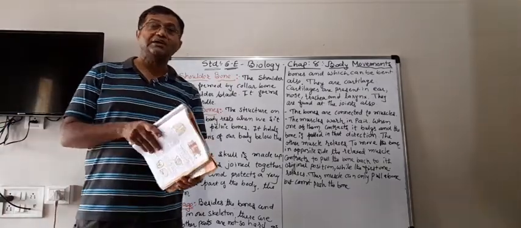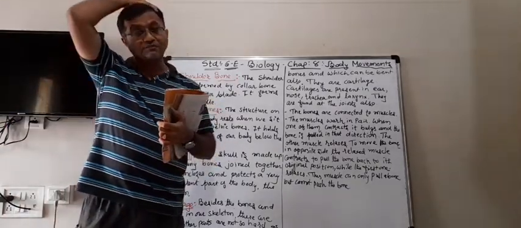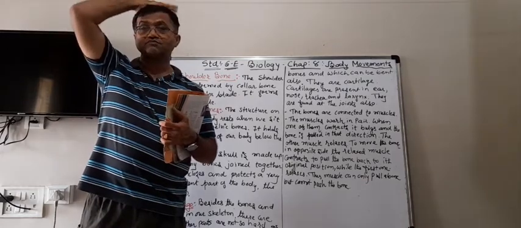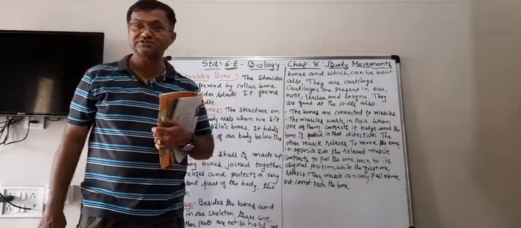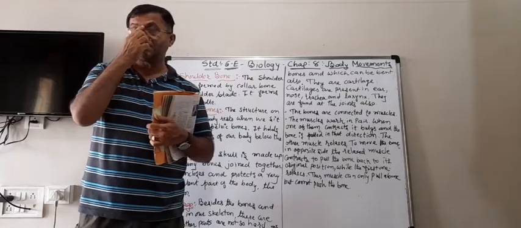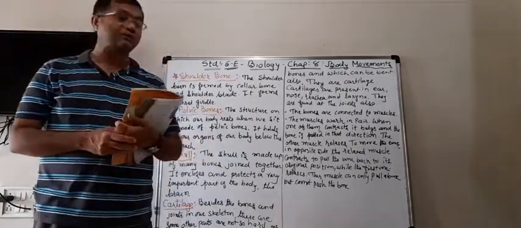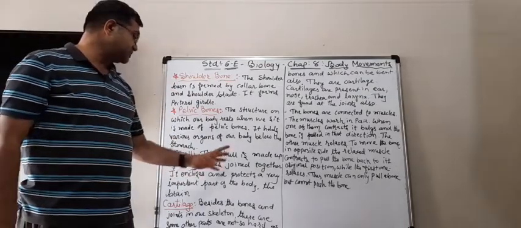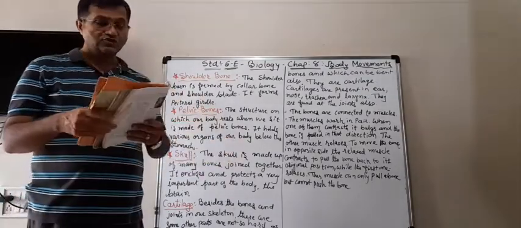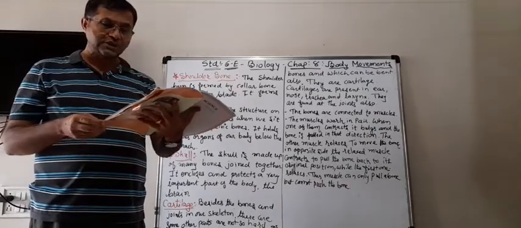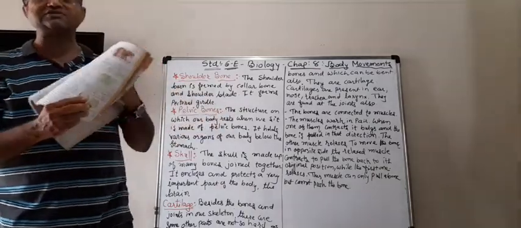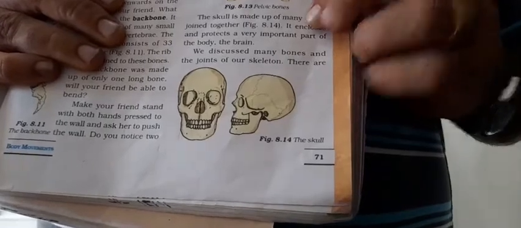So the skull at our head is joined with so many bones, and it protects a very, very important organ of our body, and that is our brain. You can see the picture of the skull here.